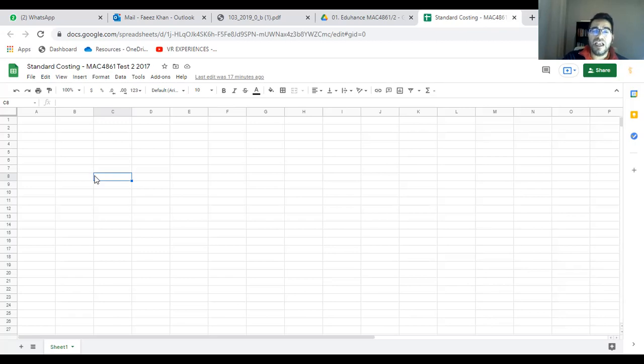If there's anything threatening, let's say the presidency or anything of that nature, those areas will go on high alert. They'll get notified that they need to be on high alert because of A, B, C, and D, right? So same thing over here. When you're doing a standard costing question, you need to put your brain on high alert. So what are the things that you want to be?